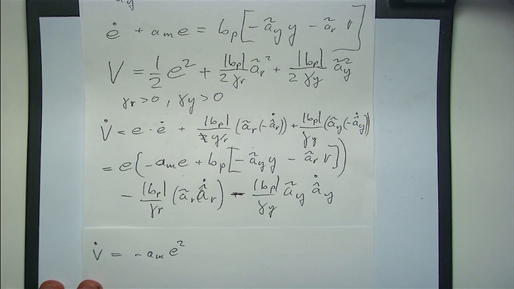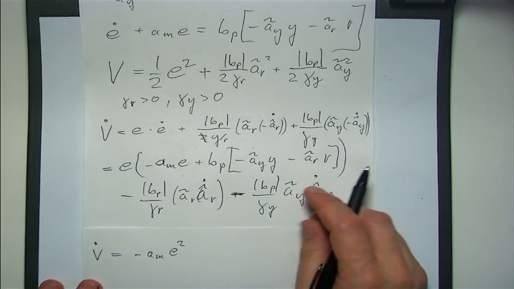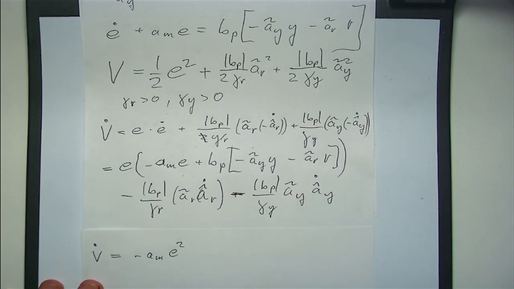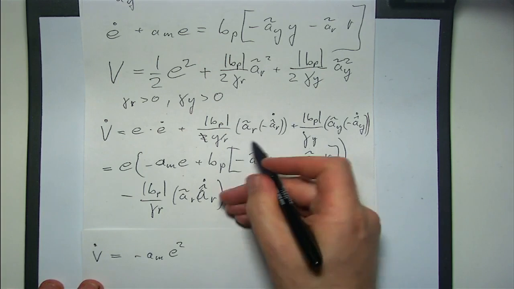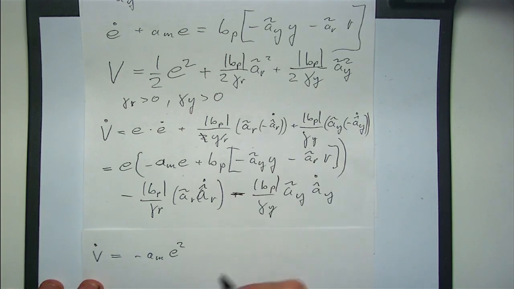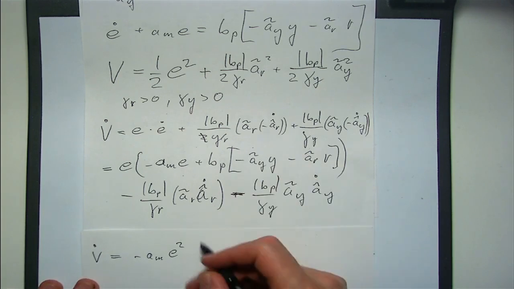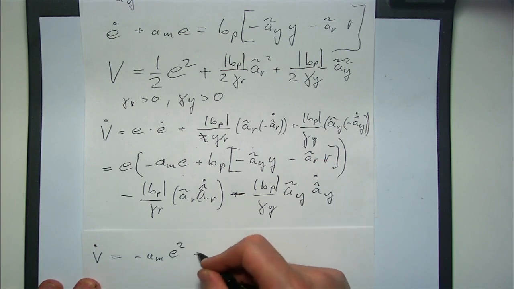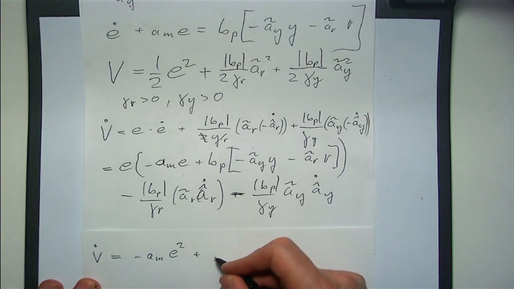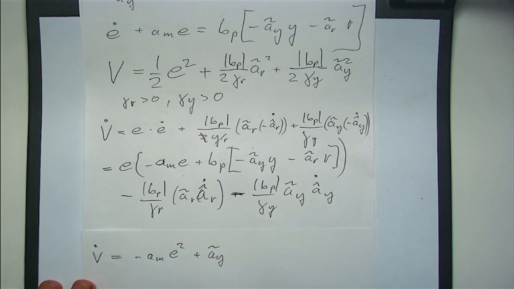I think I made a mistake here. We possibly want to see that we bracket out here, let's say, plus some form of a y tilde. That's the first thing.